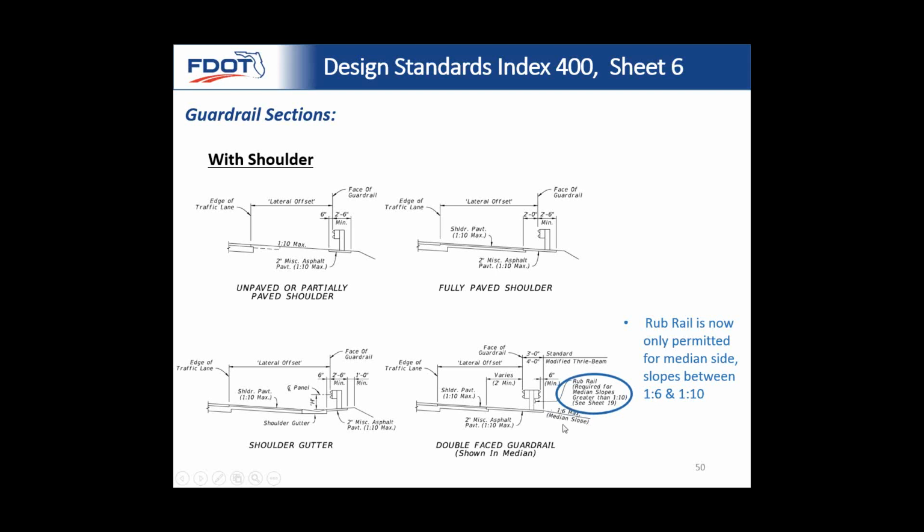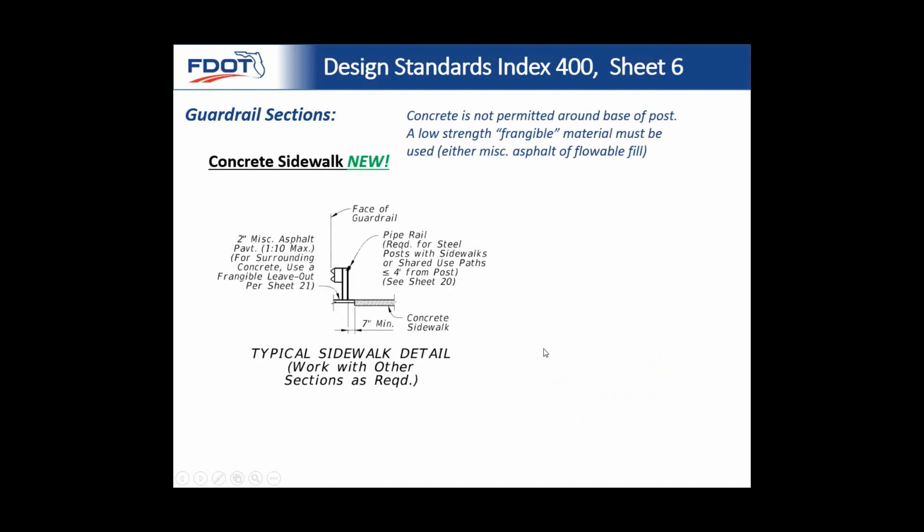Since a median slope has a 1 to 6 maximum slope, you're essentially going to use rub rail when your slope's between 1 to 6 and 1 to 10. And so you put that on that side. That increases the capture rate when you have a less than ideal approach slope. So we just define that real quickly.